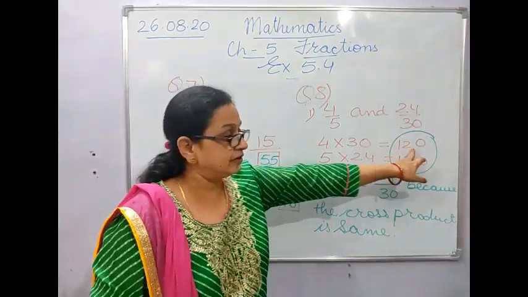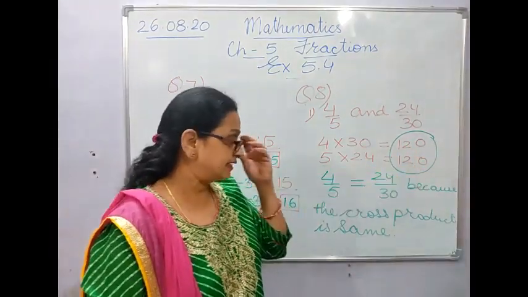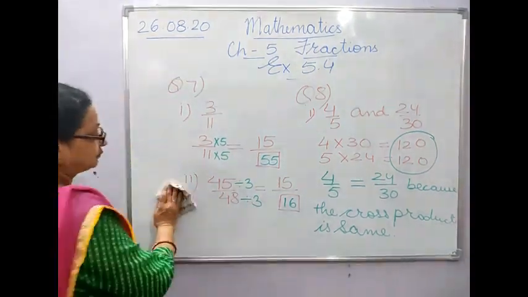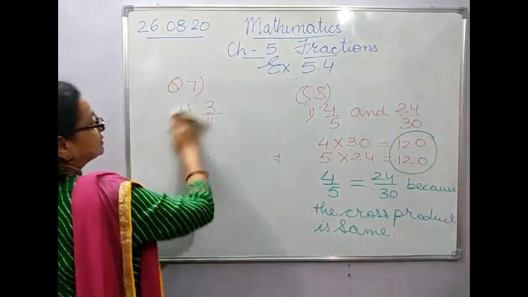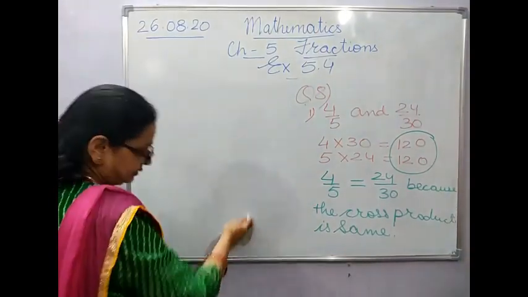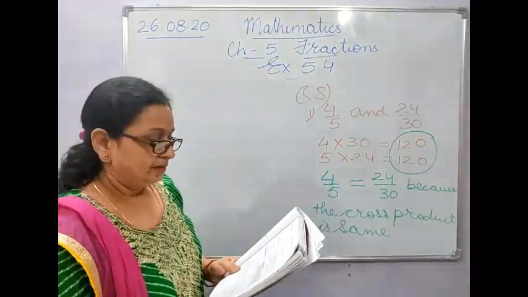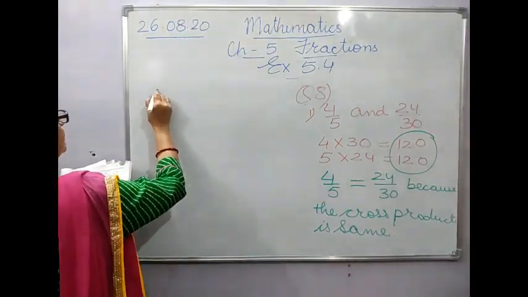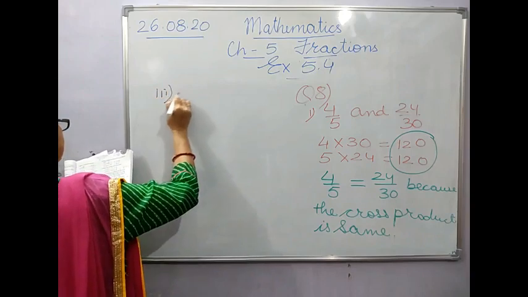After multiplying we have got the same answer. That means they are equivalent. Another example. This is the third one I should take. It is the third one I'll be taking for question number 8.